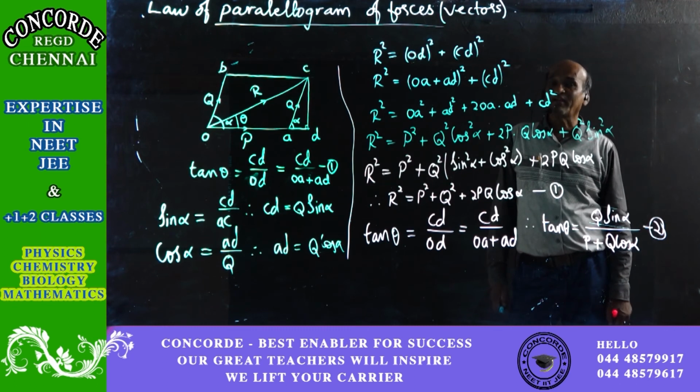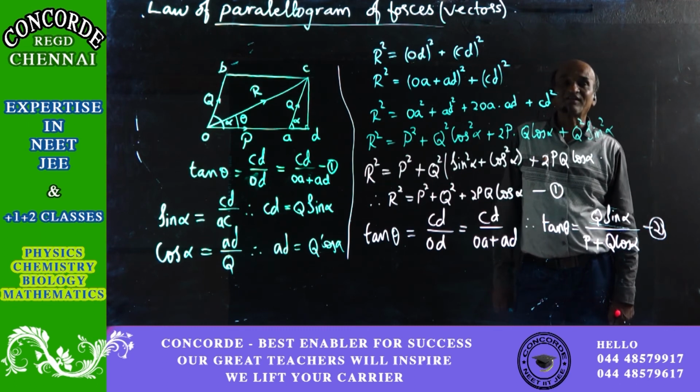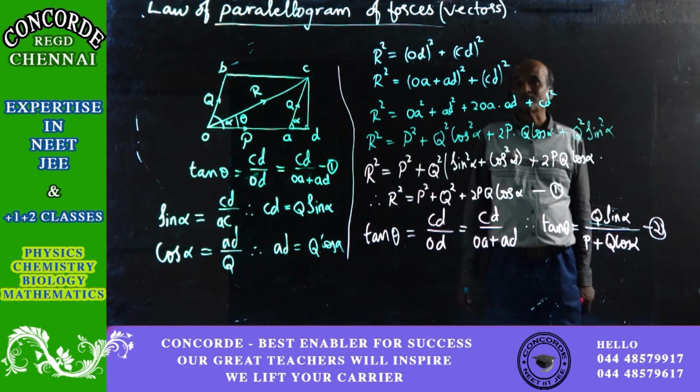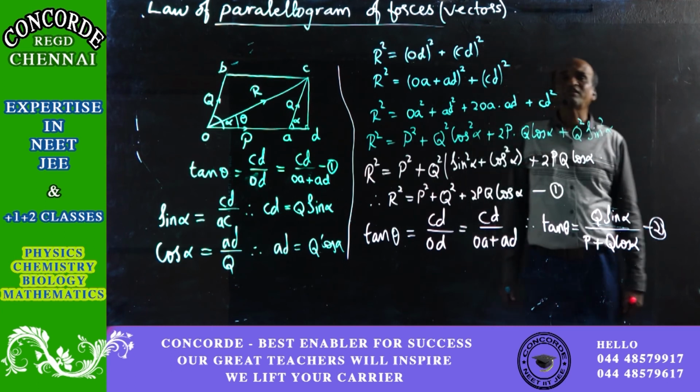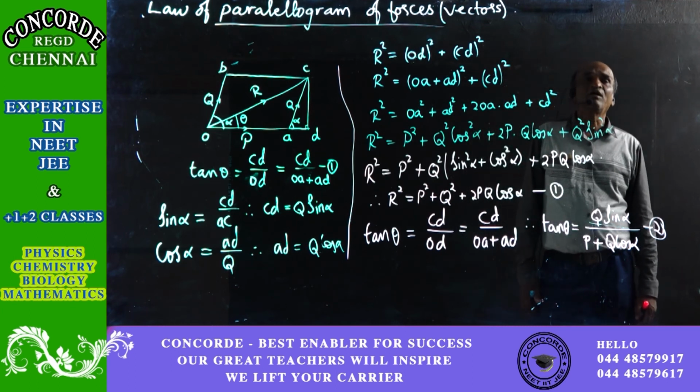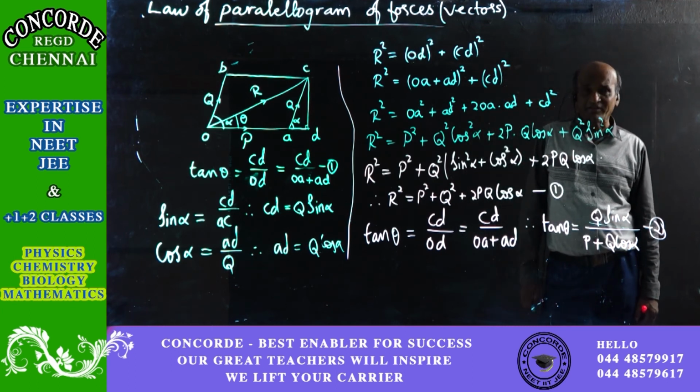Whenever you find the angle for the resultant from any vector, then that vector should be independent of sine and cos in the equation. Supposing the question is find the inclination of the resultant from the 20 Newton force, then 20 should be independent of sine and cos.